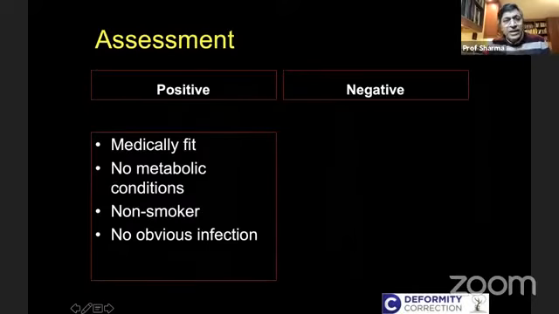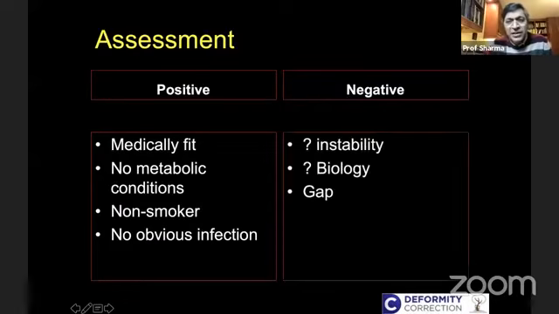Now, before dynamization, we should look at what the situation is. So on the positive side, everything is on your side. He's a fit young man. On your other side, if you dynamize it, will you cause the instability? Probably yes. The biology is in some doubt because there's no callus in 6 months and there's a bit of a gap.